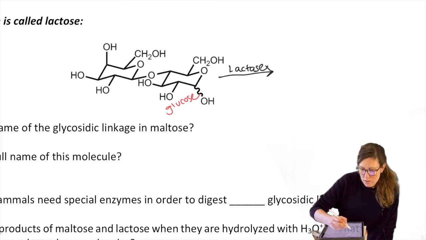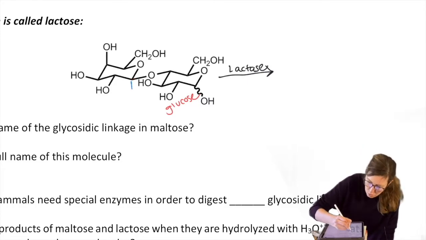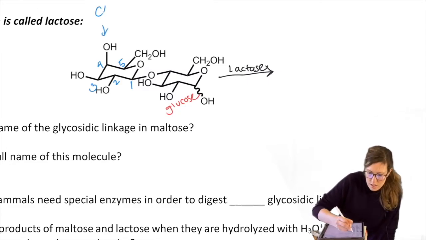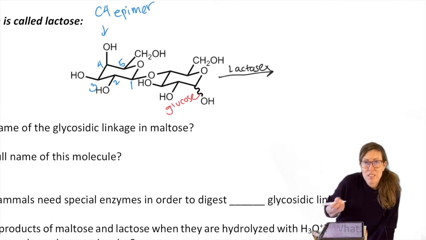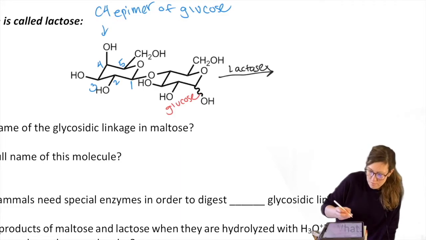If I know this is carbon 1, and let's actually go ahead and number it because we need to number it for the naming system anyway: 1, 2, 3, 4, 5. So if I know this is carbon 1 and I'm off at C4, a C4 epimer, everything else is the same as glucose except that carbon. C4 epimer of glucose. We've actually looked at that one before. It's galactose.